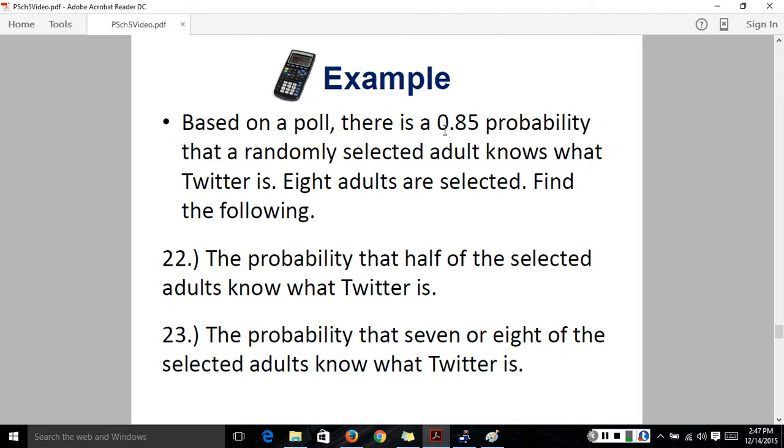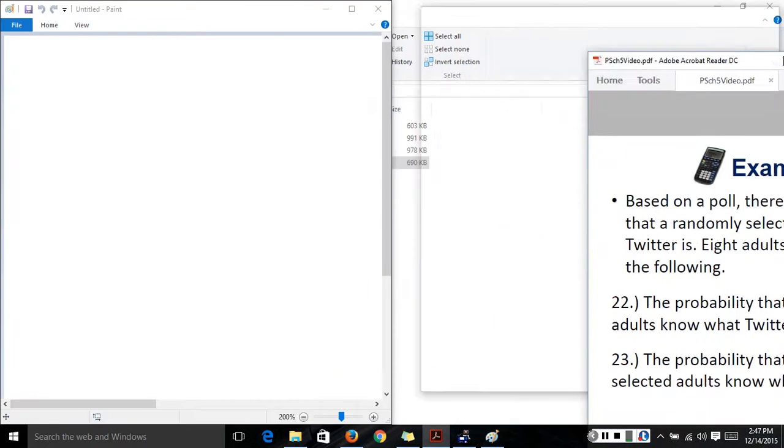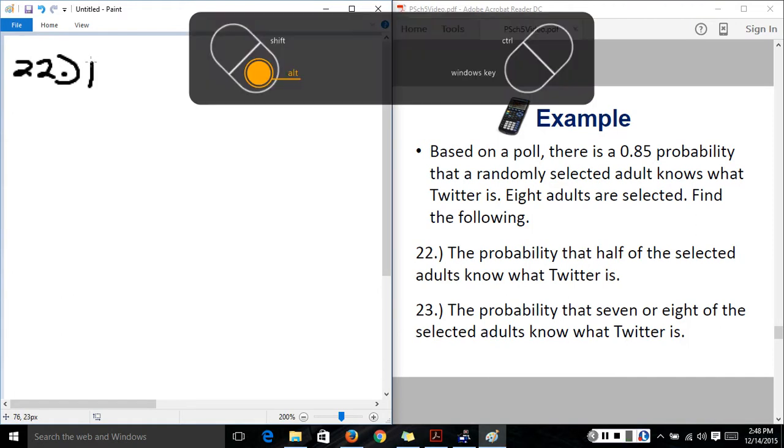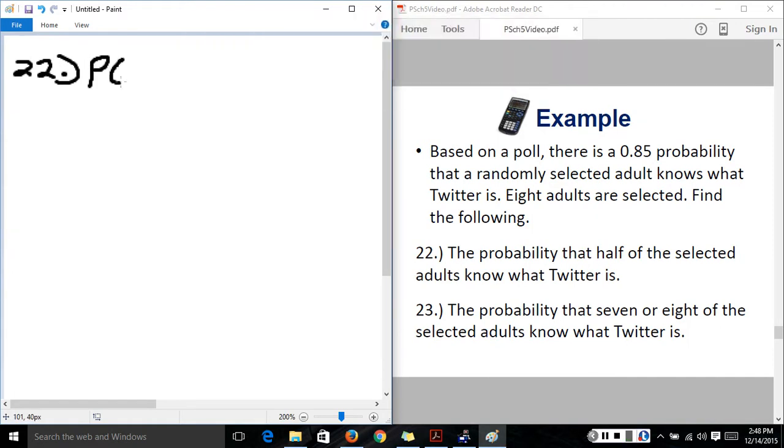So for number 22, let's find the probability that half of these 8 adults know what Twitter is. Well, what is half of 8? That would be 4. So for number 22, first, the probability statement. We're looking for the probability that x is equal to half of 8, which is 4.